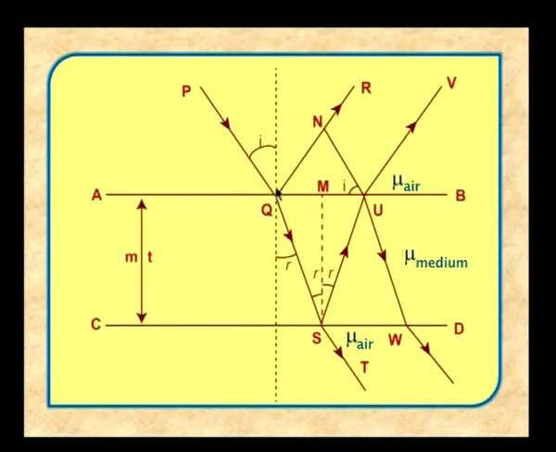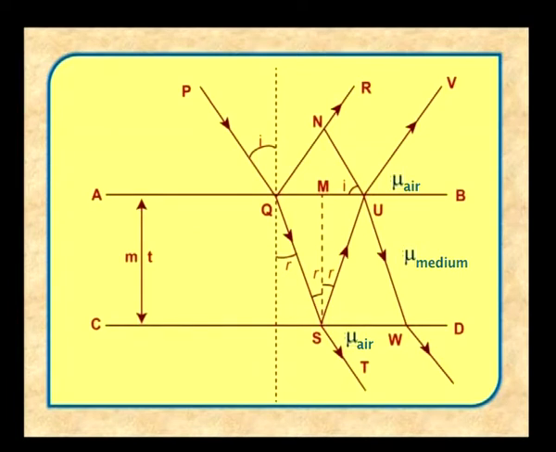So, this light ray comes through Q N, a distance travelled through Q N, whereas this light ray goes through Q S plus S U multiplied by mu, whereas this one only goes through a distance Q N. Thereafter there will be no path difference. So, the additional path travelled by this light ray will be Q S plus S U multiplied by mu, because it is travelling through a medium of refractive index mu.